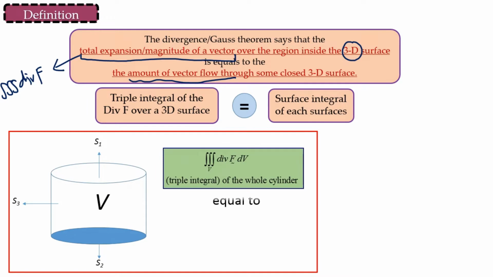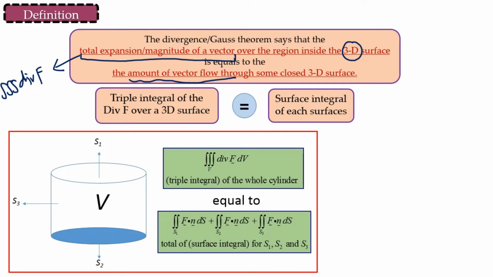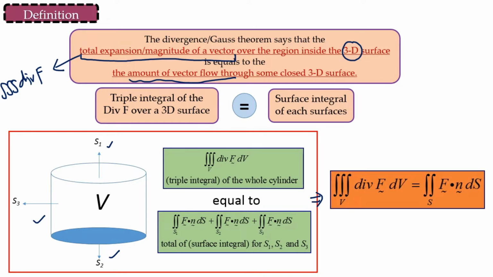So the triple integral for the whole cylinder is equivalent to the F dot n dS of S1, F dot n dS for S2, as well as F dot n dS of surface 3. We have to add all together. So we can summarize that the divergence or Gauss theorem is: the triple integral of divergence F dV equals the double integral of F dot n dS.